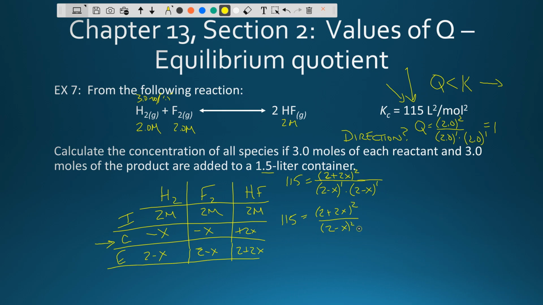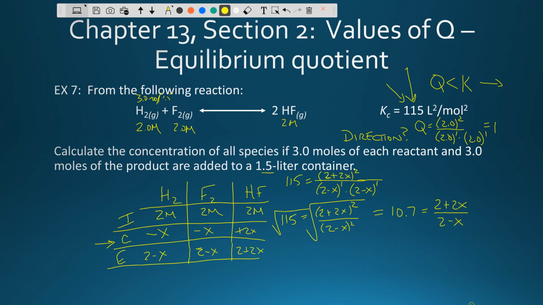So notice this is squared, this is squared. What if I took the square root of everything? Cool math. So if I take the square root of 115, I end up with 10.7. That will equal 2 plus 2x over 2 minus x.